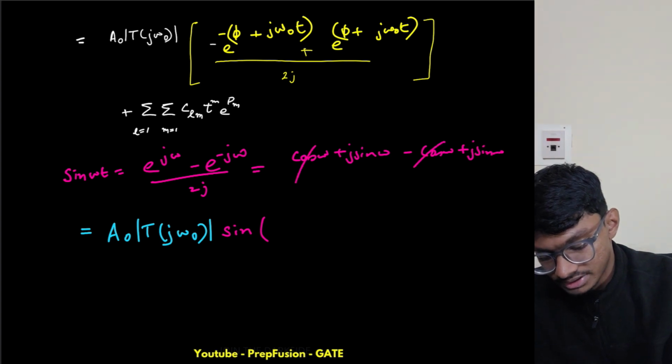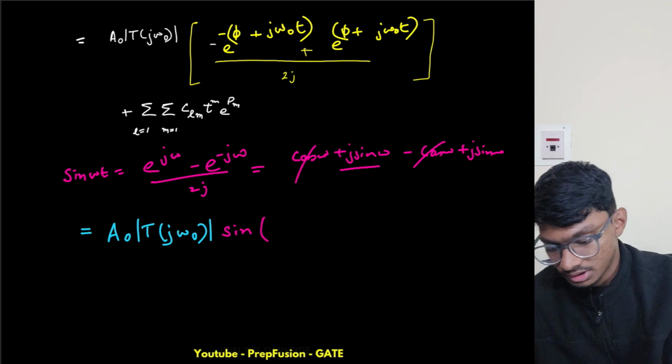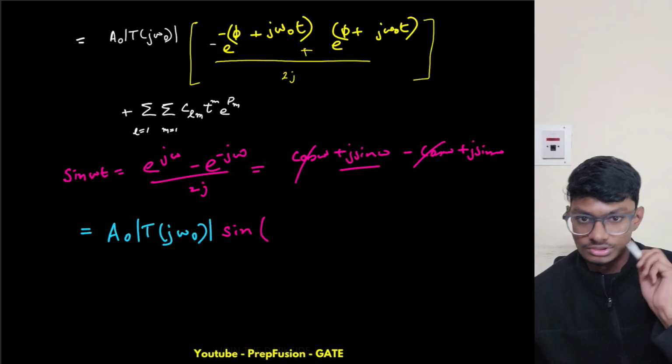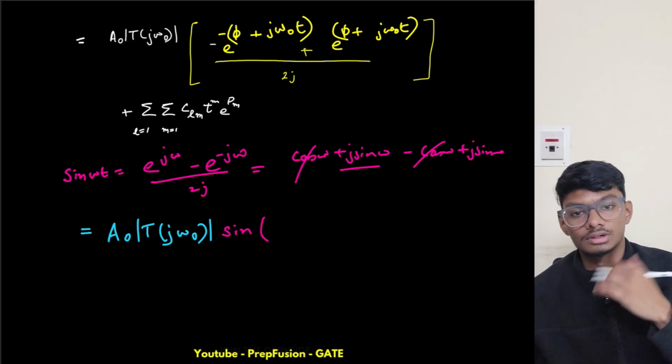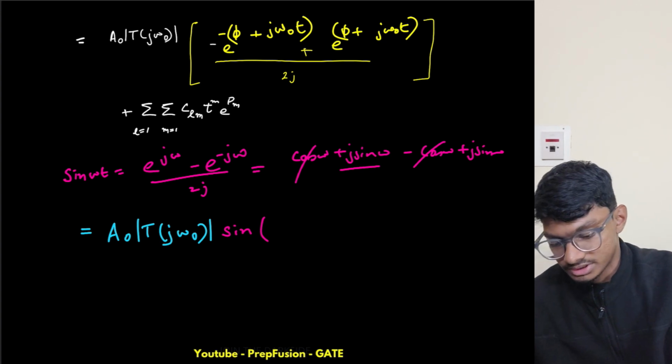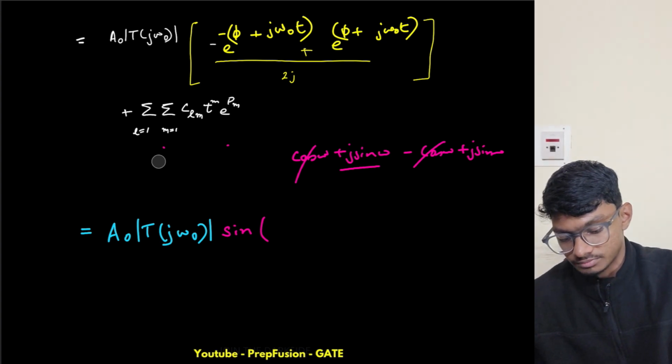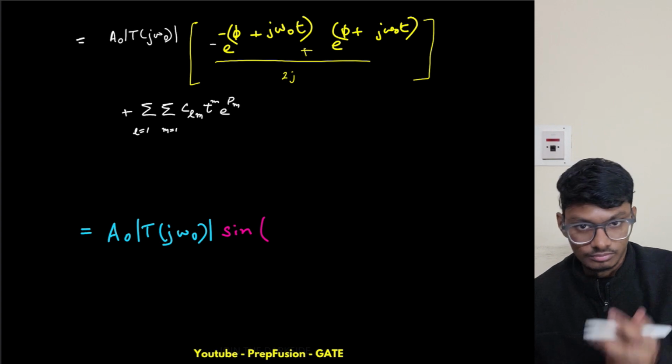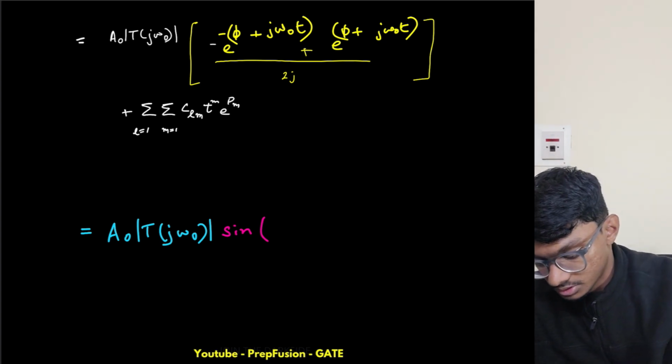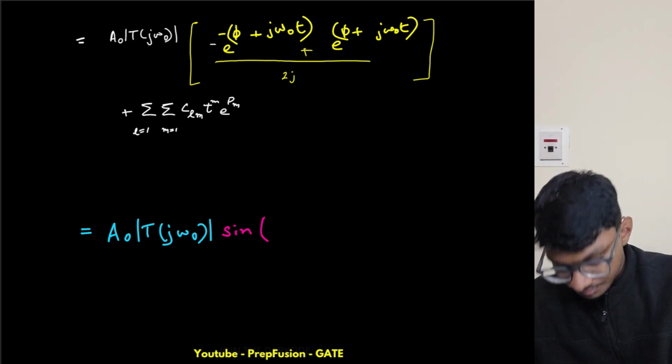So this gets cancelled and I have 2j sine omega, and the 2j in the denominator gets cancelled, and I am left with sine omega only. I hope you understand how I am getting this term, sine omega. There may be some confusion.